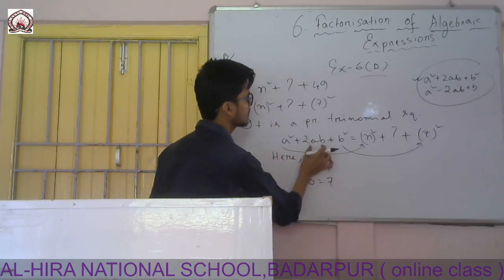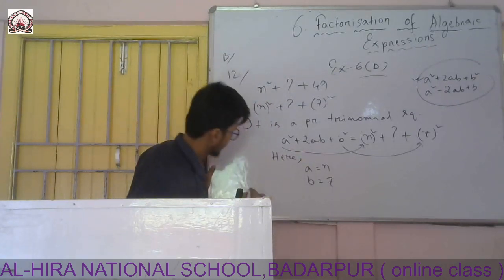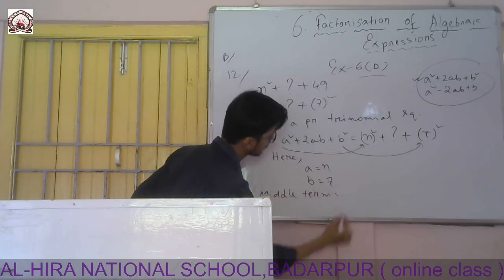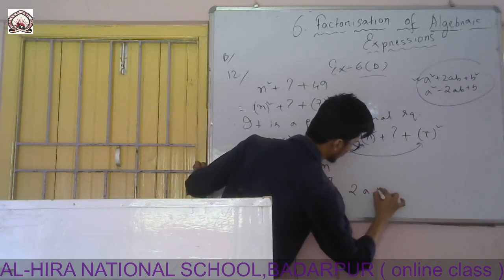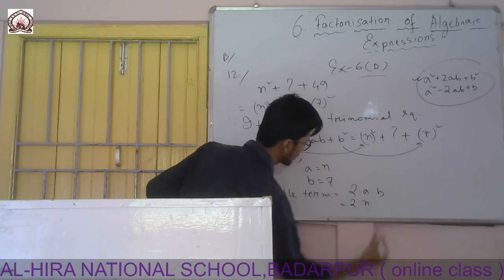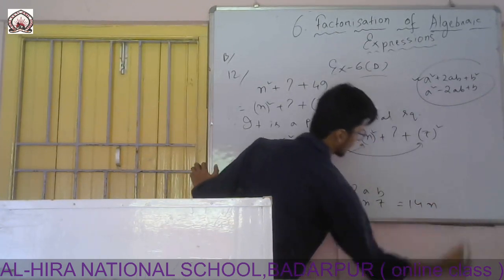Now I have to find the middle term, which is twice ab. So the middle term is equal to 2ab. We have a as n and b as 7, that means the answer is 7 2s are 14n.